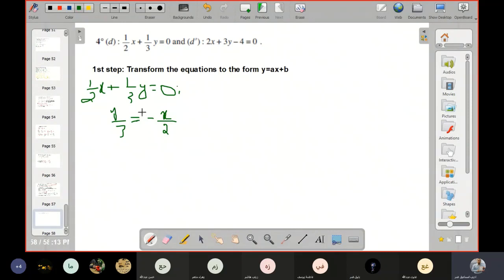What can we do here? Cross multiplication. We get 2y equal minus 3x. And now we divide both sides by 2.